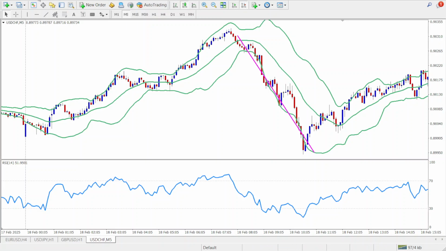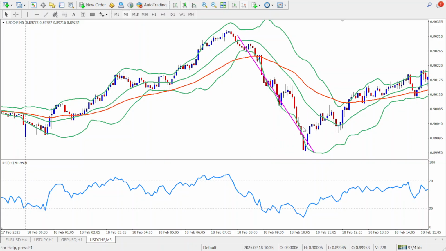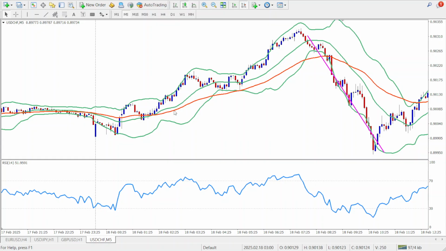Then you can also combine with the moving averages. You can use moving averages to confirm the trend direction. If the price is above the 50 period moving average, it's more likely that the trend is bullish and you want to focus on buying opportunities.